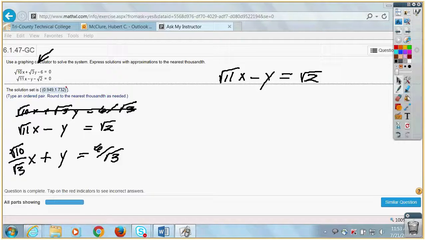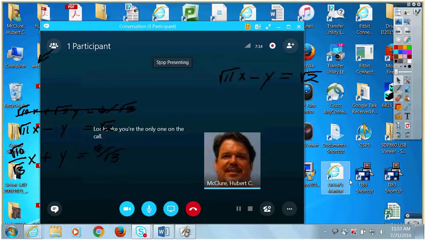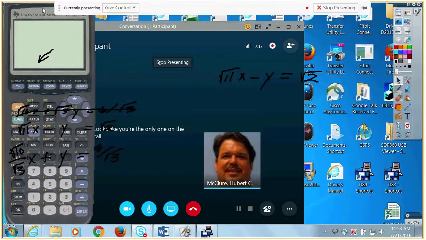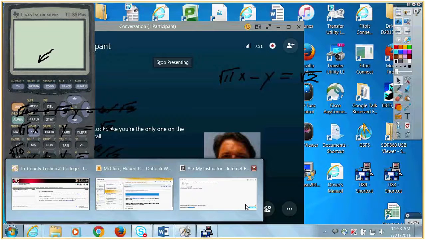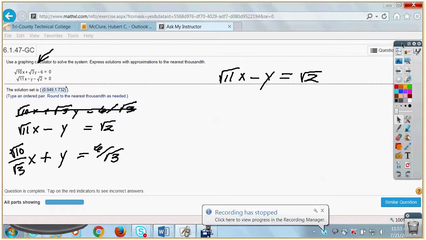And then I have no idea what these are, so I will take my handy dandy calculator and pull it up. Let me situate this over a little bit and pull the question back up and make it a little bit smaller. The things I do for y'all.